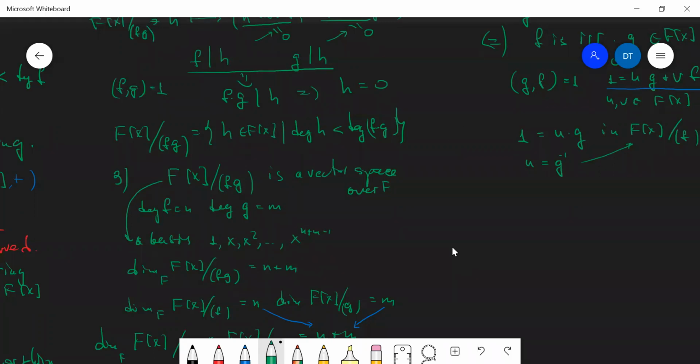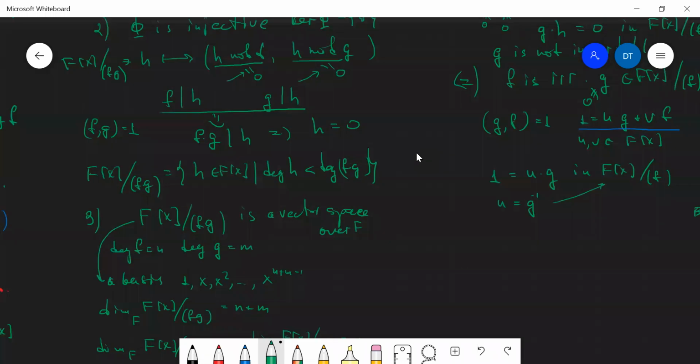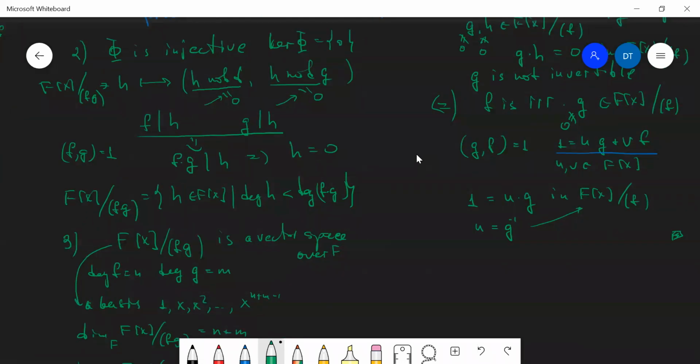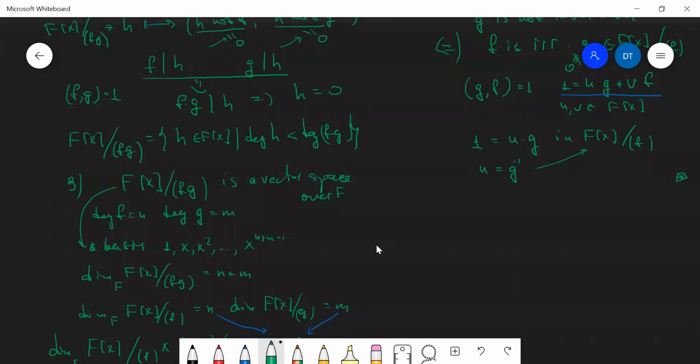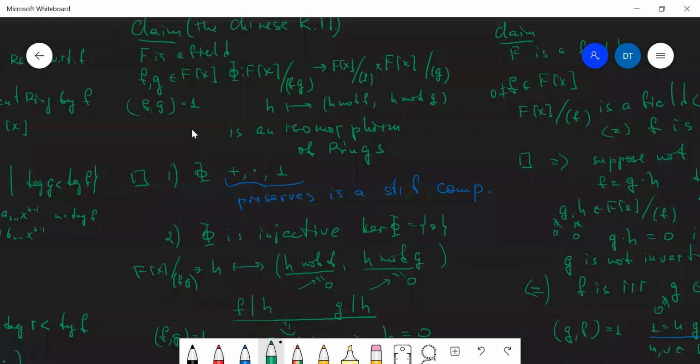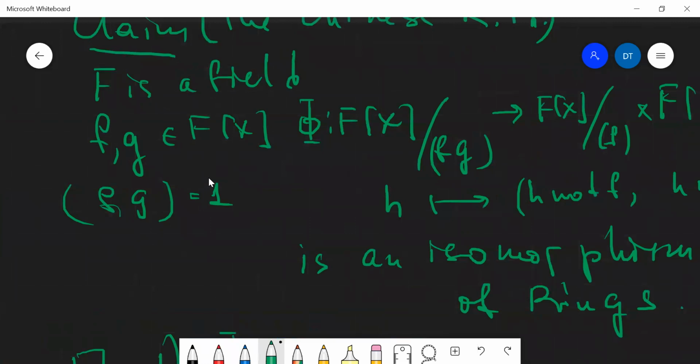But why, if polynomials are coprime, are they not constant? Well, okay, I see what you're saying. You're right. I should explicitly state here that f and g are not constants.